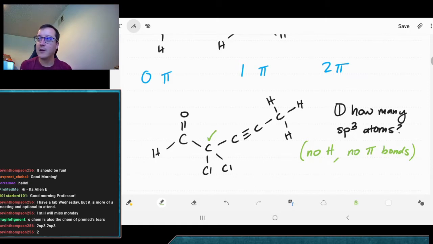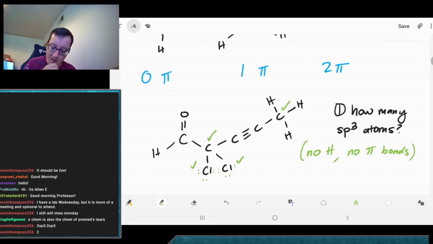Oh, now Kevin has told us how many sp3 carbons, but don't forget lone pairs on these chlorines are also going to make those sp3. So no pi bonds on those chlorines is going to still have them be sp3.